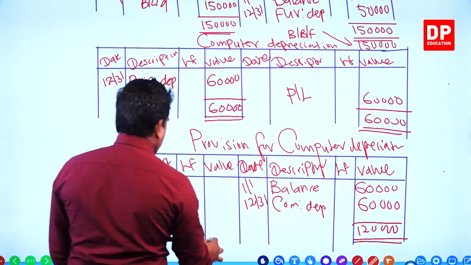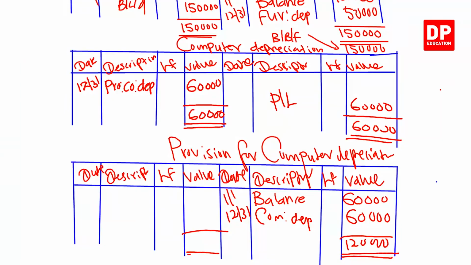120,000. Here also 120,000, right? Here balance carried down, balance brought forward 120,000.